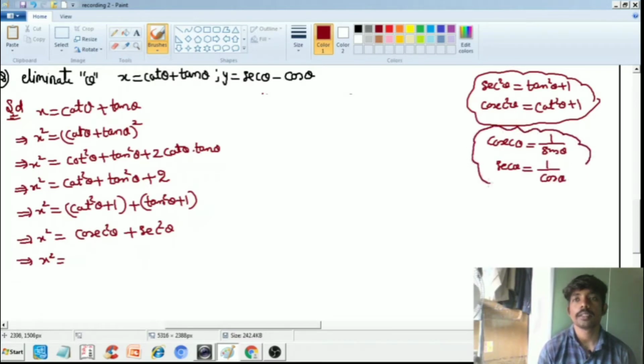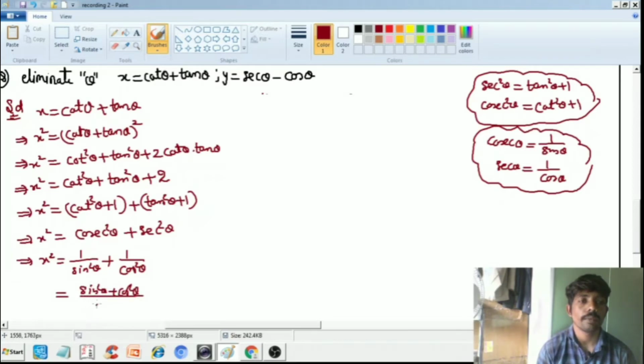So, I am applying here 1 by sin square theta plus 1 by cos square theta. Do the LCM, then you will get sin square theta plus cos square theta over sin square theta into cos square theta. Sin square theta plus cos square theta is 1, hence I can write it as x square equal to 1 over sin square theta into cos square theta.